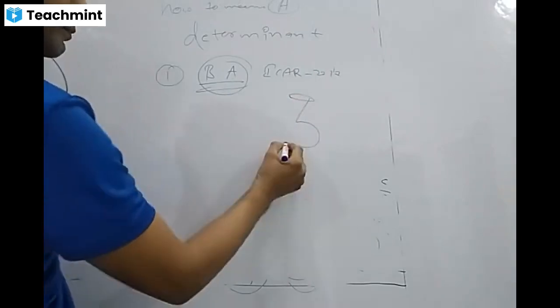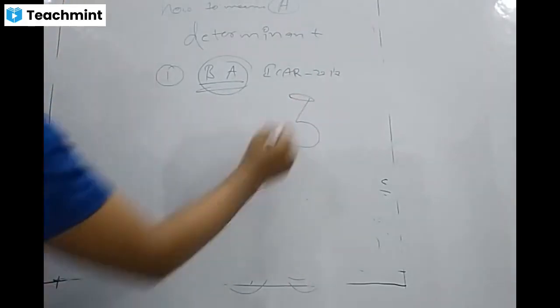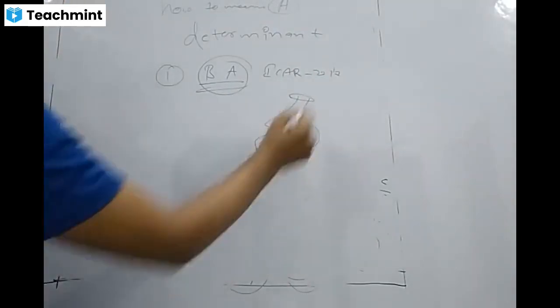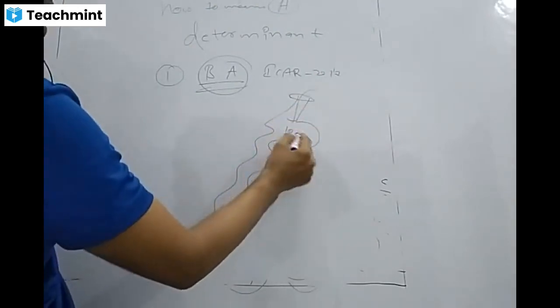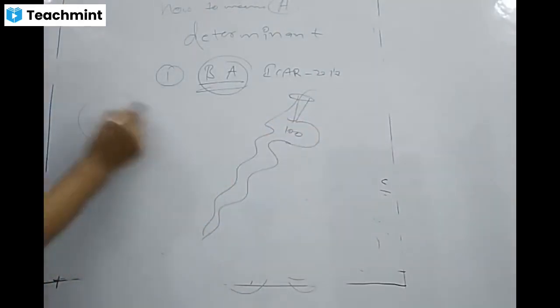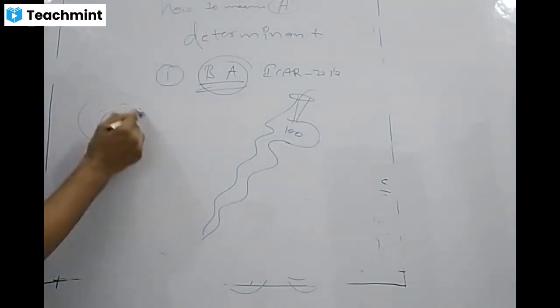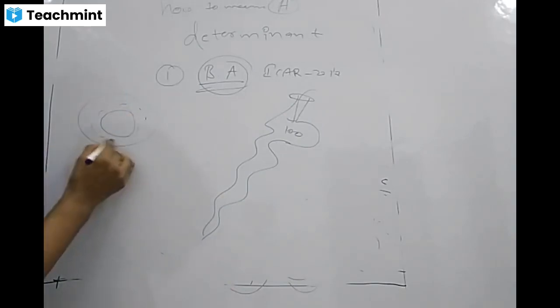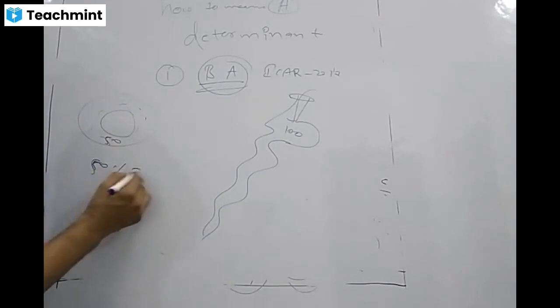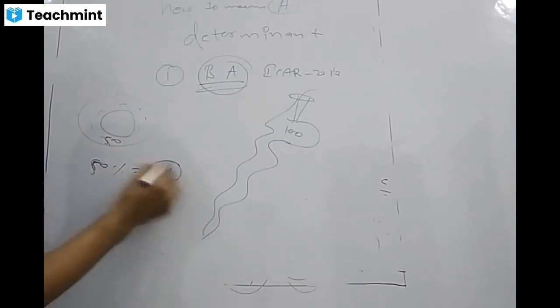Means if we administer 100 molecules here, then out of these 100, how much fraction, how much percentage will enter into my general circulation? Suppose 50 reach there, then bioavailability will be 50%.